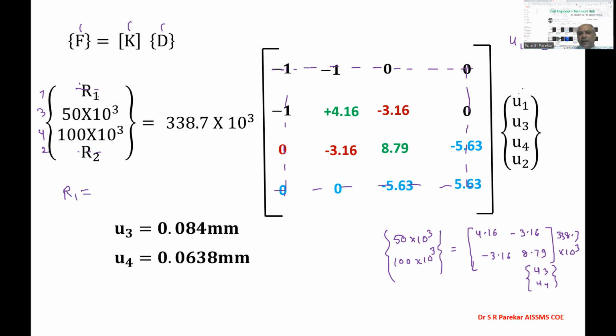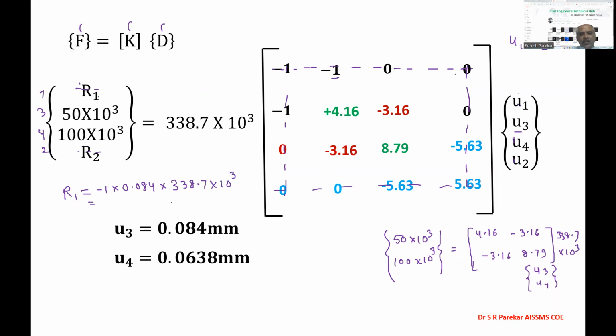Now if I have to find the value of R1, you can see for R1 we have to multiply this by this. Now U1 is 0 and the remaining is 0, so we have minus 1 into U3. U3 value we have 0.084, and we have to multiply it by this value also, 338.7 into 10 raised to 3.